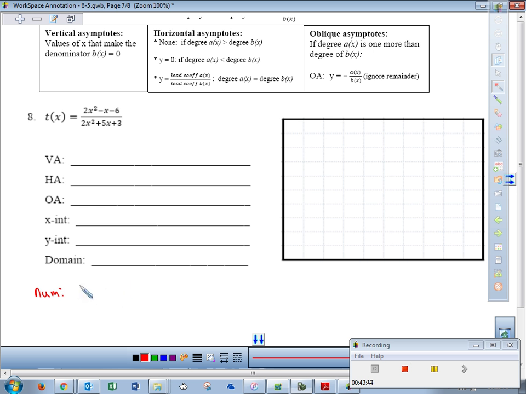This is my numerator, 2x squared minus x minus 12. What are my 2 numbers that multiply together to be -12 and add together to be -1? 3 and 4, which one's negative? The 4. So my numerator is really 2x squared minus 4x plus 3x minus 6. I just took that middle term and split it into the minus 4x plus 3x, factoring by grouping.